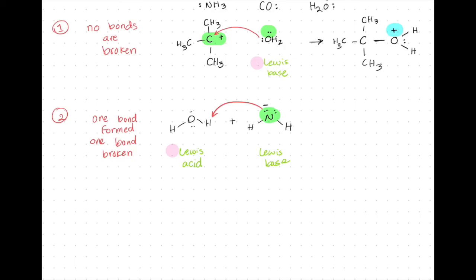It's a base, so it'll go for the hydrogen, not for the oxygen. And now this bond in between the hydrogen and oxygen is going to open on the oxygen. So the product looks like this. OH- negatively charged plus NH3.